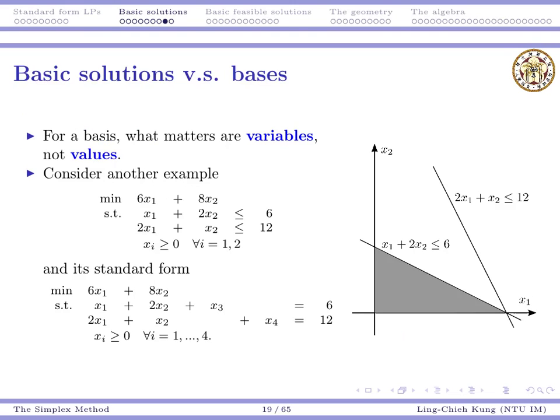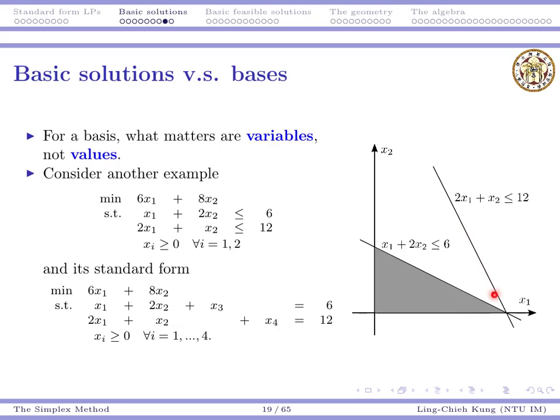One thing to remind you is that for a basis, what matters are variables, not values. I use the following example to do this illustration. Suppose I give you another example like this. Again, a 2 by 4 coefficient matrix A to represent this standard form problem. And the feasible region is here.